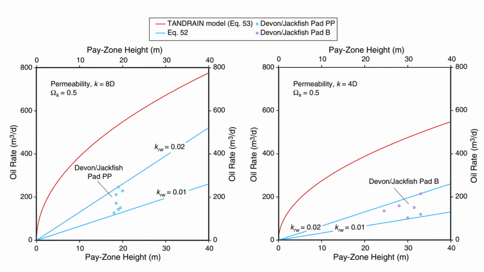And this is the Devon Jackfish data that has been used to validate the model. Tangent always provides us very high numbers in the ramp up stage.